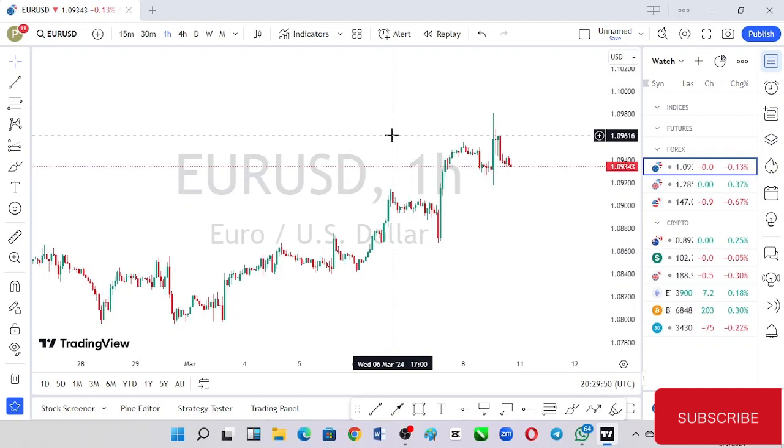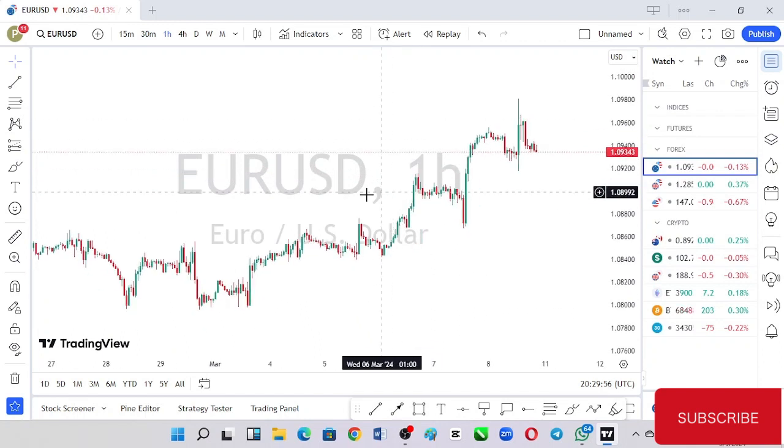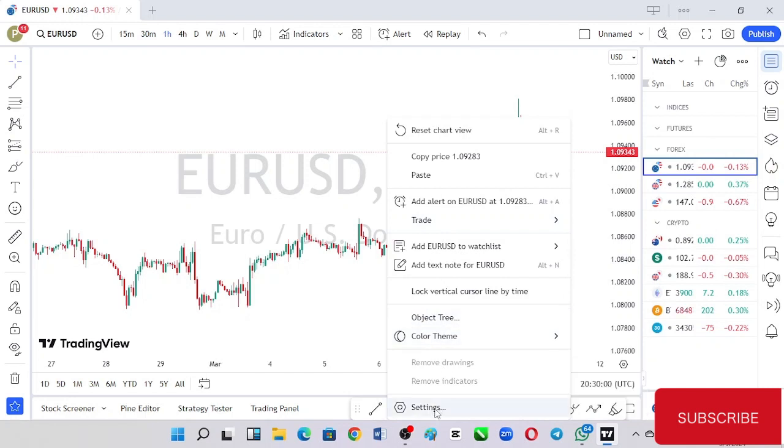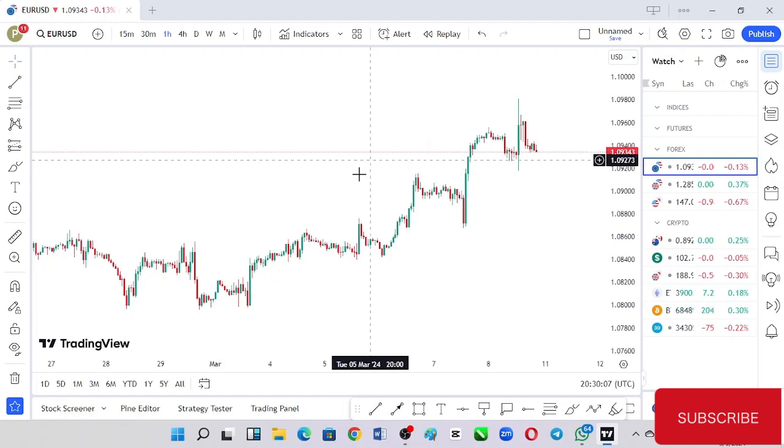Okay. So, having said that, let's move straight into the analysis. Basically, as you could see from the watermark, this is EUR USD. And let me take off the watermark so that we can have a more visible chart.